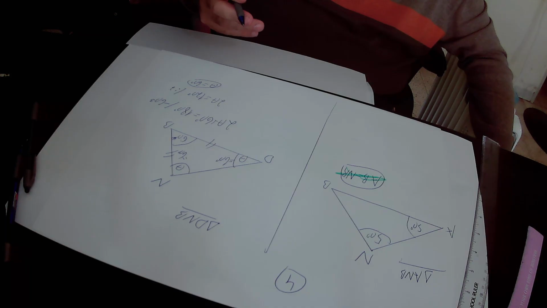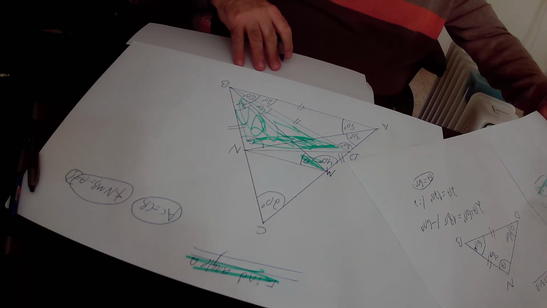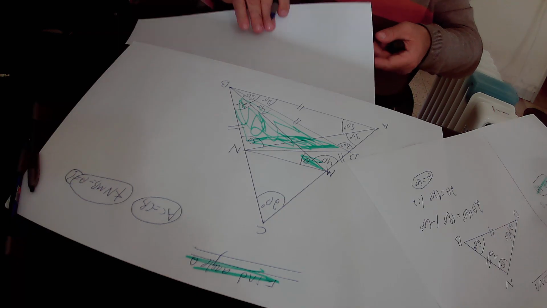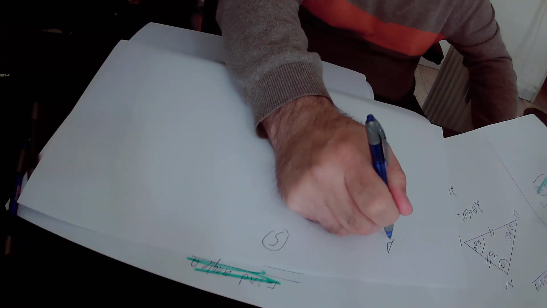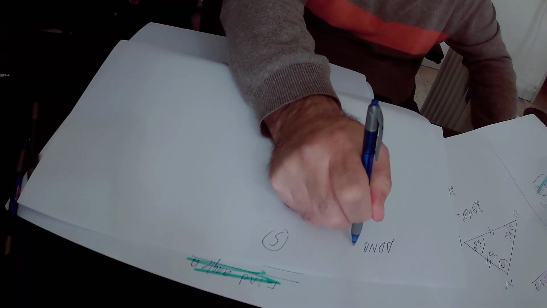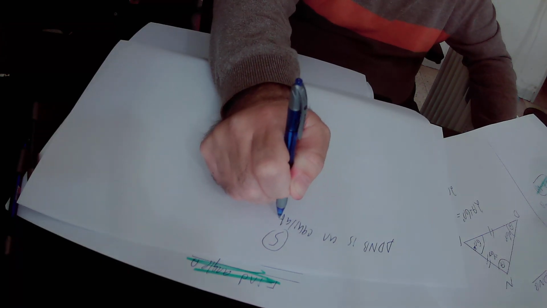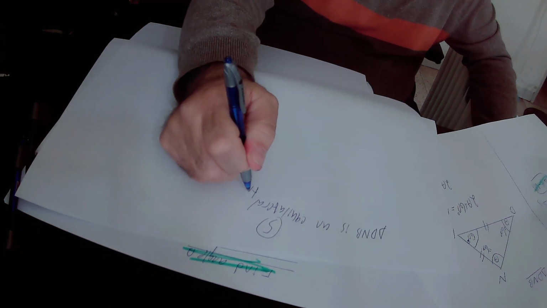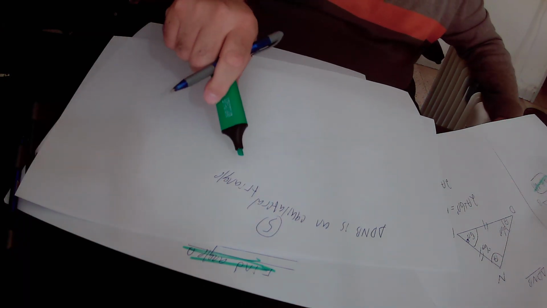Therefore, because in triangle DNB we have three angles that are all equal to 60 degrees, we derive that triangle DNB is an equilateral triangle. That is to say, all the sides of triangle DNB must be equal to each other.